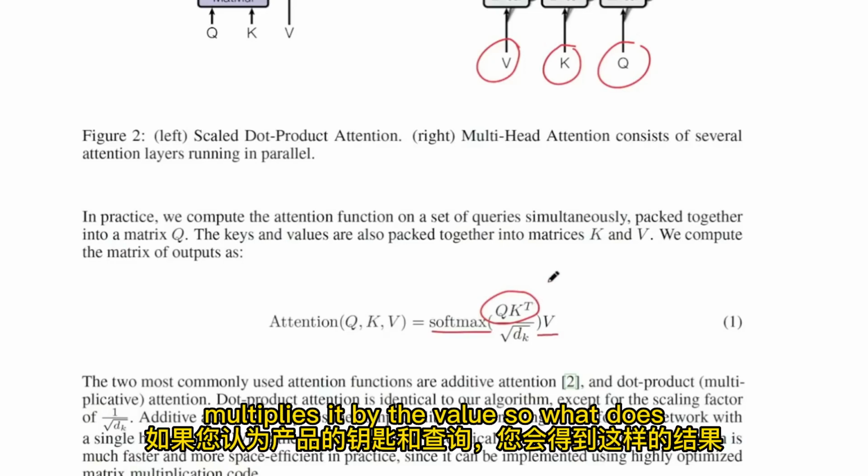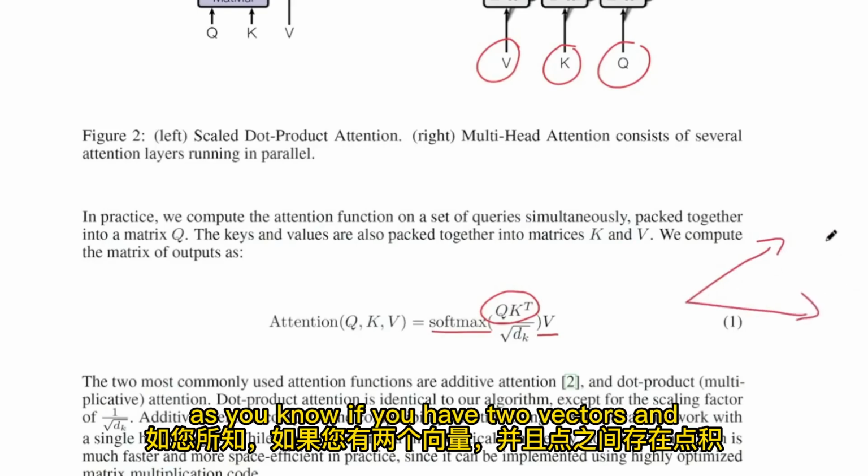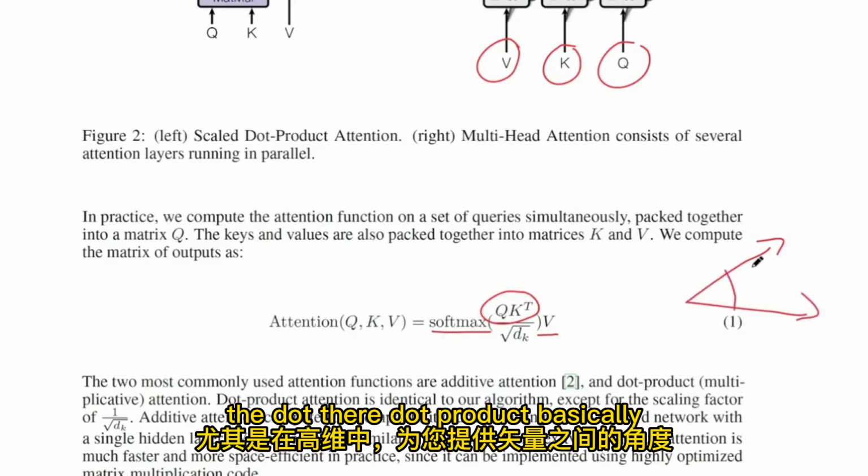If you dot product the keys and the queries, what you would get is, so as you know, if you have two vectors, their dot product basically gives you the angle between the vectors.